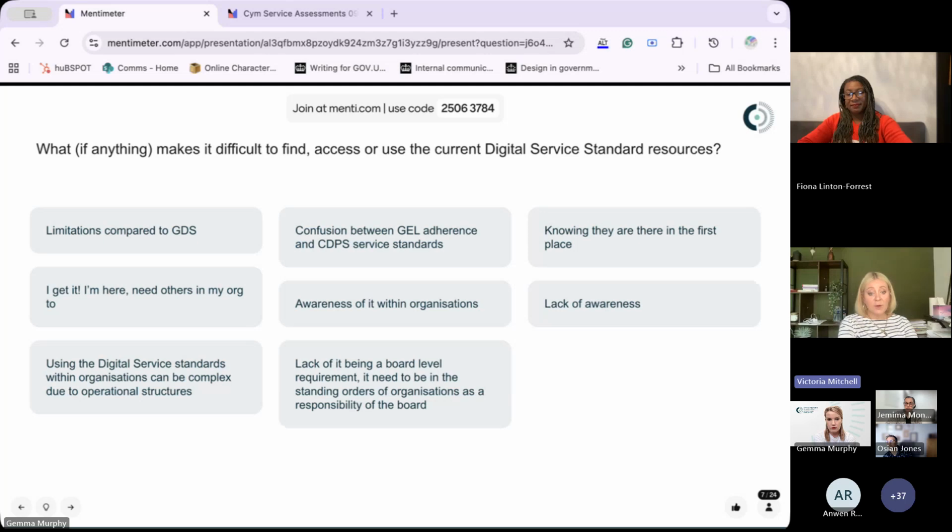Lack of it being a board level requirement, yeah. So this is where we think that there's a standard board, which you may also have not known about. They meet once a month, I think it is. They are a cross section of leaders from across Wales. So it includes Glyn Jones, who is Chief Digital Officer for Welsh Government, but it also includes some heads of digital or chief digital officers for some of your organisations as well.